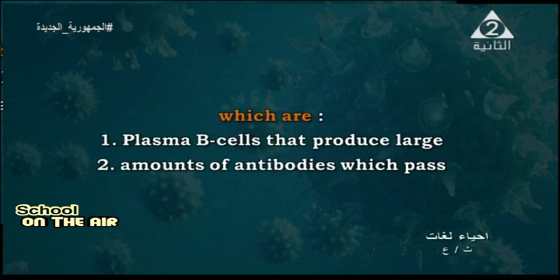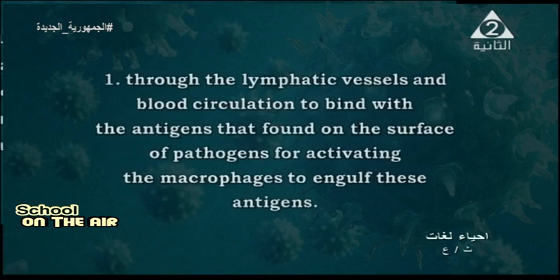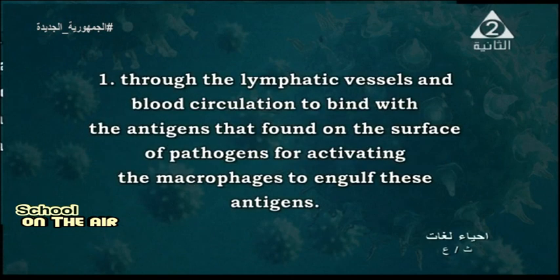The first, plasma B cells, produce a large amount of antibodies, which pass through the lymphatic vessels and the blood circulation to bind with antigens on the surface of the pathogen, activating the macrophage to engulf the antigen of the microbe.